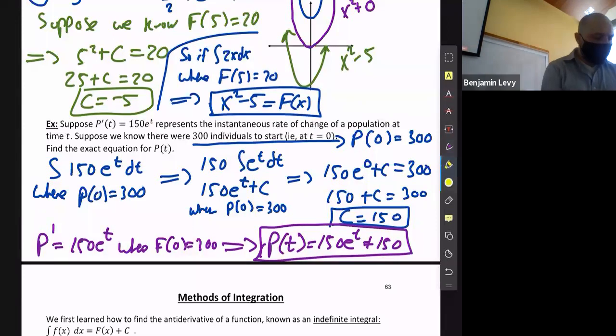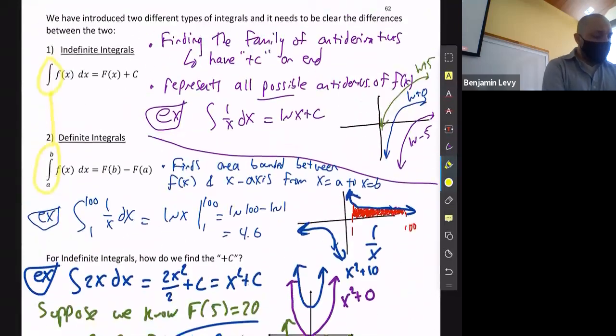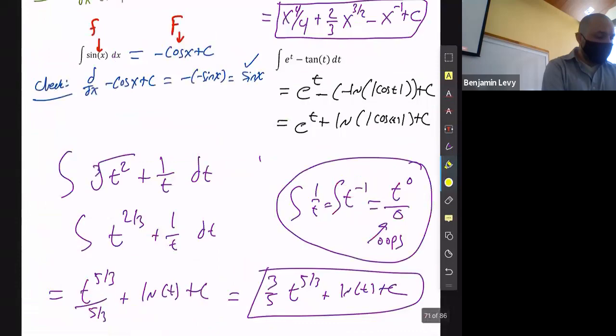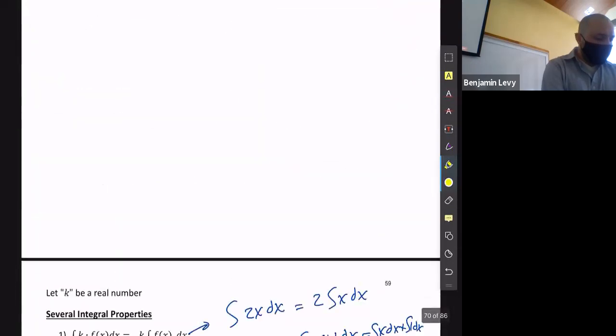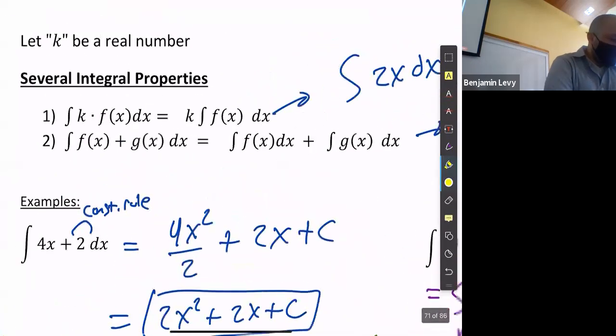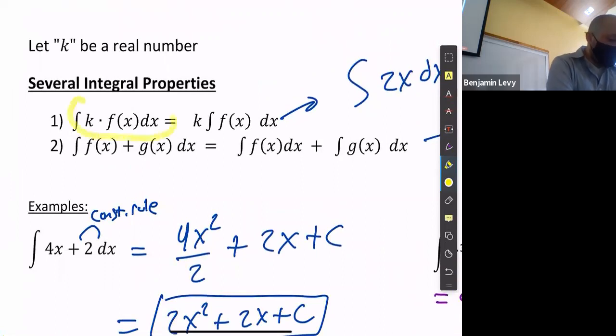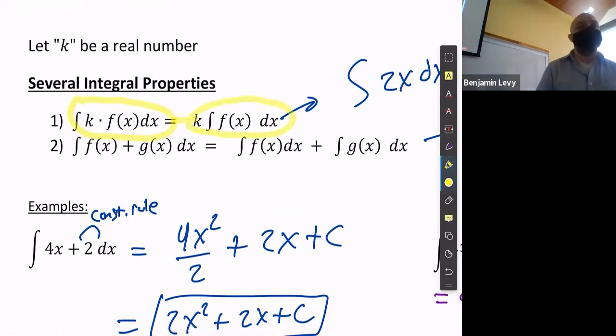Yep. So the question is, why did the 150 move out front, right? That has to do with the constant coefficient rule. Where does it say that? Right here. If you're trying to integrate something that has a constant multiplying it, you just pull the constant out front and just integrate the thing with the x in it, right?